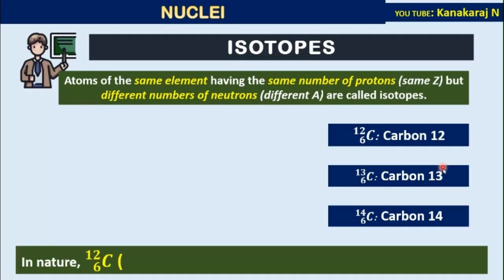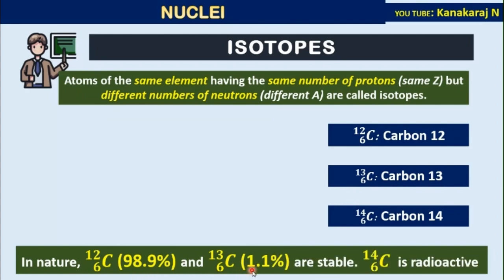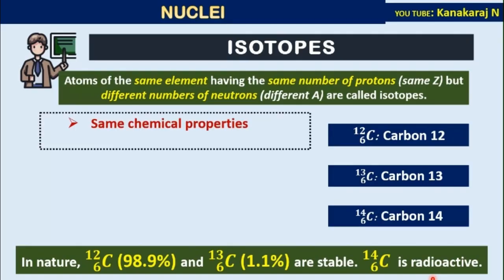In nature, carbon 12 is available 98.9% and carbon 13 available 1.1%. They are stable. Carbon 14 is radioactive. Isotopes have the same chemical properties, same electronic configuration. That means they have the same electronic structure.